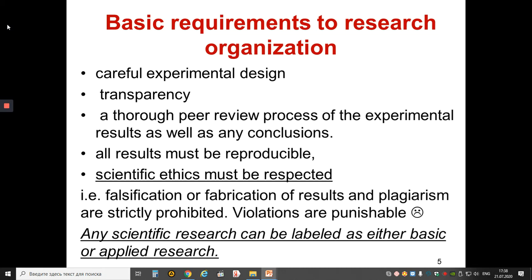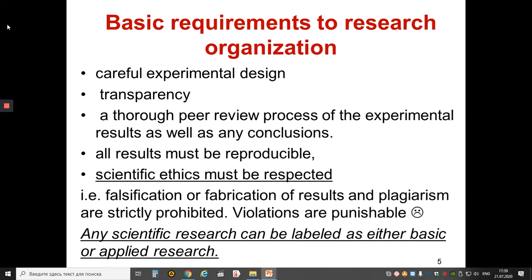This can be achieved by a careful experimental design, transparency, and a thorough peer review process of the experimental results as well as any conclusions. After the results of the experiment are announced or published, it is normal practice for independent researchers to double-check how the research was performed, and to follow up by performing similar experiments to determine how dependable the results are. Thus, all results must be reproducible.